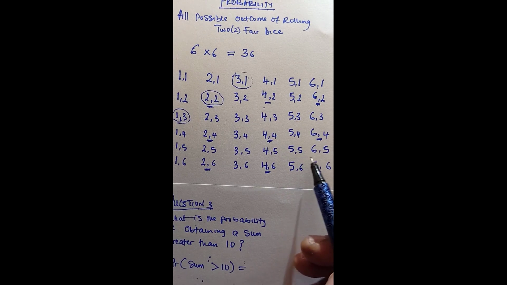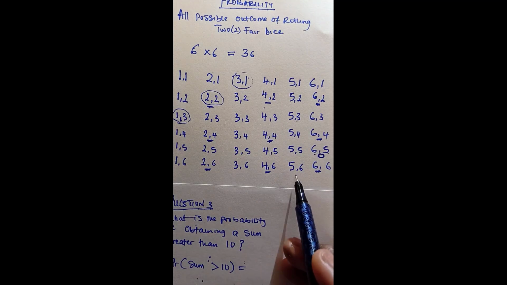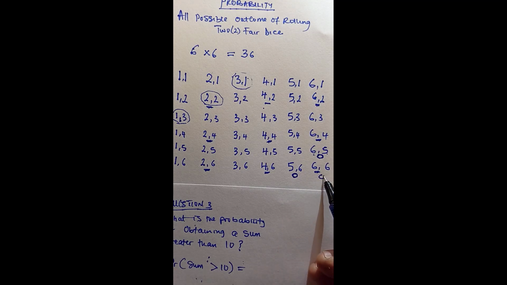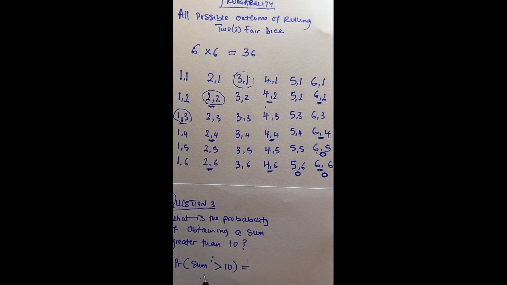The first one is this, 6 plus 5 is going to give us 11. So this is 1. 5 and 6 is going to give us 11. This is another one. And 6 plus 6 is 12, which is going to give us another one. So the possible outcomes are 3, and the total outcomes are 36.